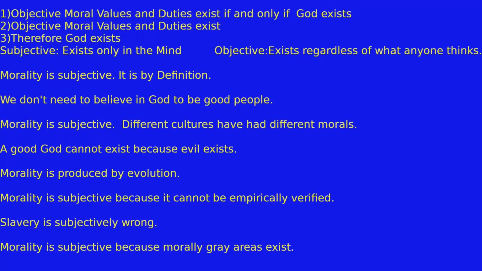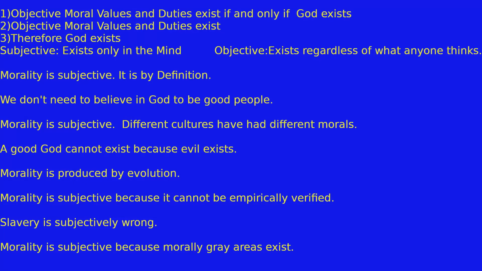Objective means that it's real regardless of what anyone thinks, and subjective means it has no reality beyond people's minds. So another way to think of subjective is just an idea, purely an idea, or like a fantasy, or just imagination.